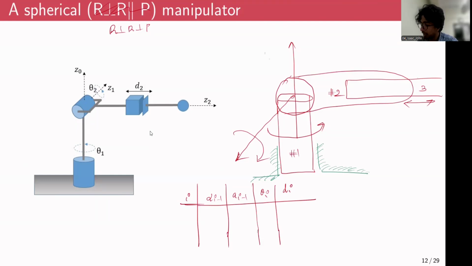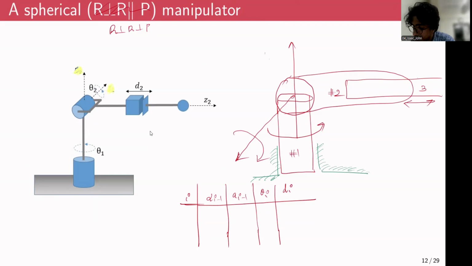So as before, you can start by first assigning all the z-axes. Then later you can assign the x-axis. Then later you can find out the mapping between each of the frames of reference. So I'll just shade this off.